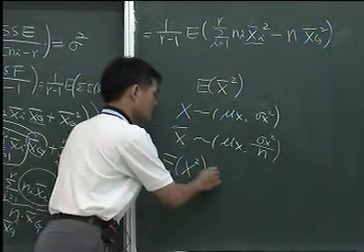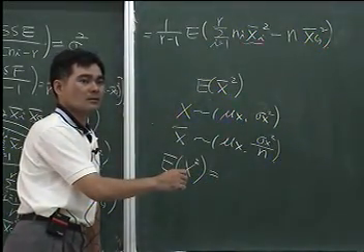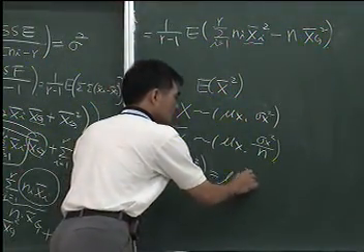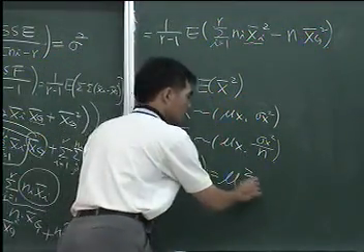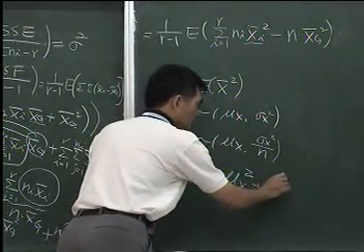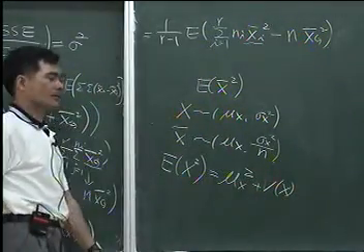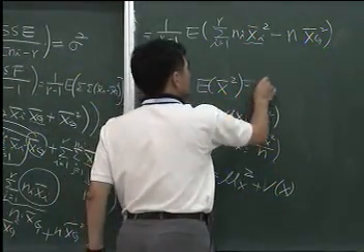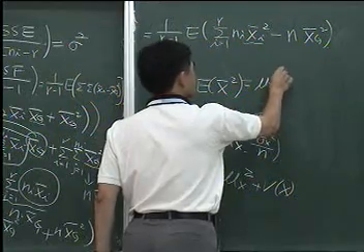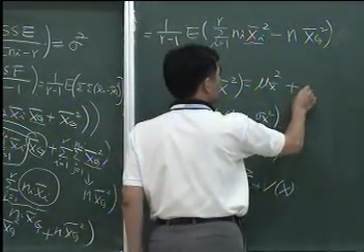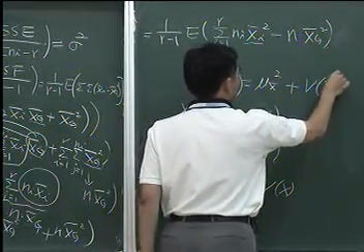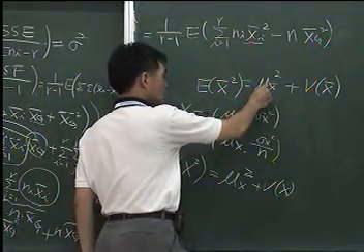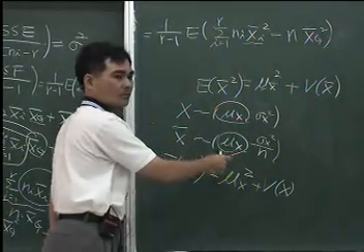The first part is mu_x squared, and the second part is V(x). But here you are looking at x bar, so it is mu_x bar squared plus V(x bar), right? And mu_x bar is actually equal to mu_x.